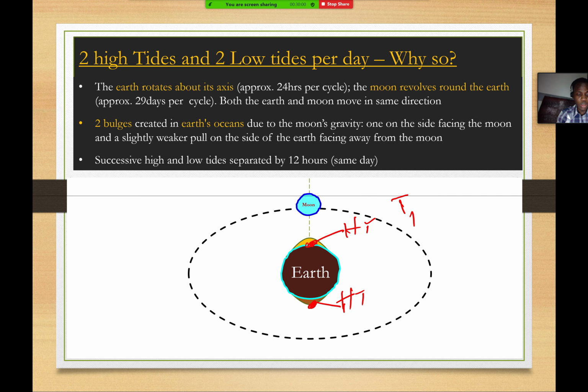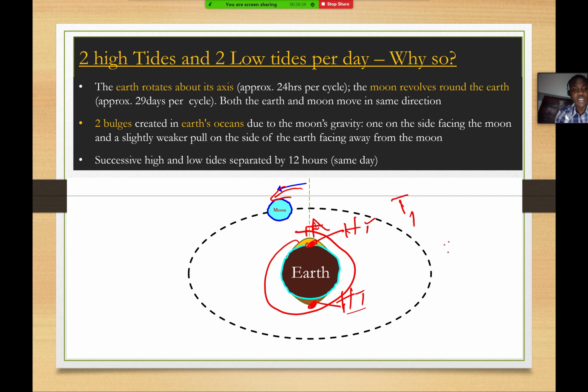So as the Moon continues to revolve around the Earth, and the Earth of course is making its rotation, in one day, in a 24-hour cycle, this location that started at time t1, let's call this location A, will have gone round and come back to the same location where it was. Meanwhile, the Moon will have completed just a 13-degree arc away from where it started, which is really close to where it was.